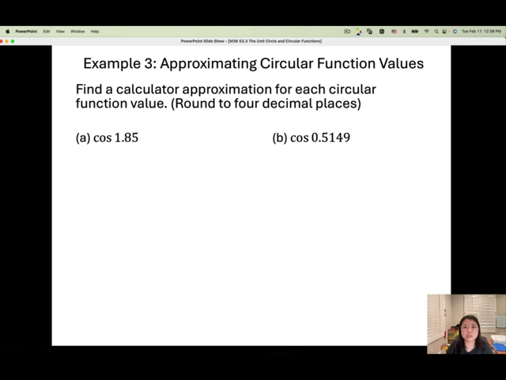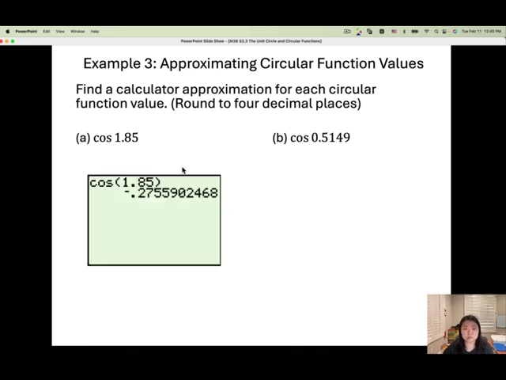Okay, example 3. Find a calculator approximation for each circular function value. Cosine 1.85. Remember, when they don't specify whether they're using degree or radian, you consider it to be radians. So make sure you change your calculator from degree to radian.